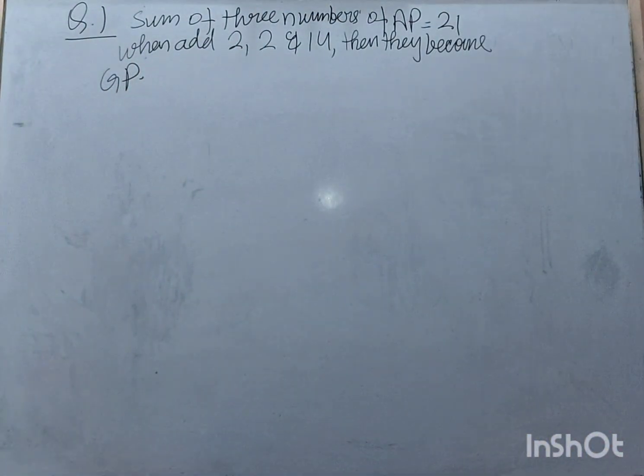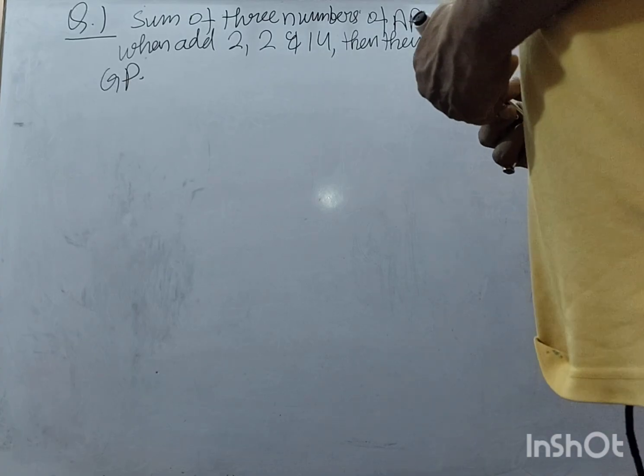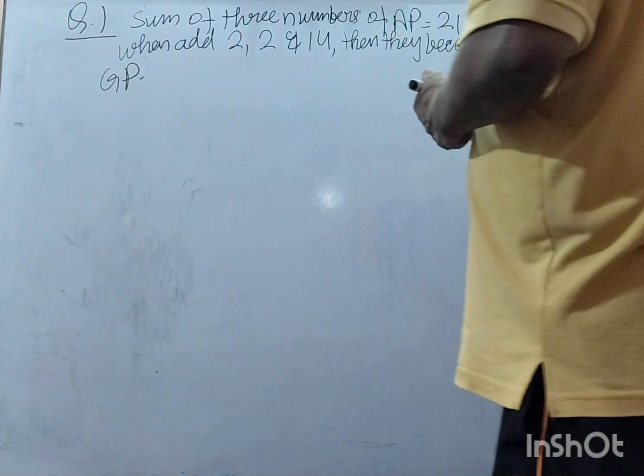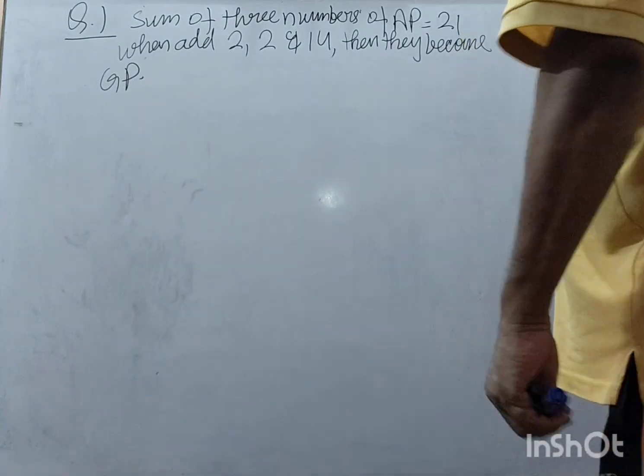So this is the question we have: the sum of the three numbers of an AP is 21, and when 2, 2 and 14 are added, they become a GP.